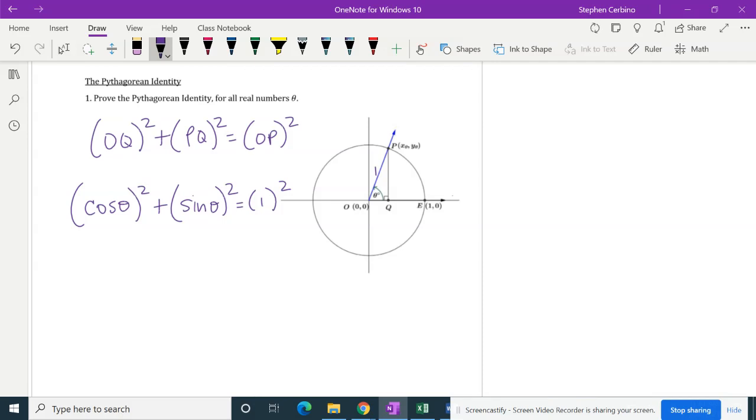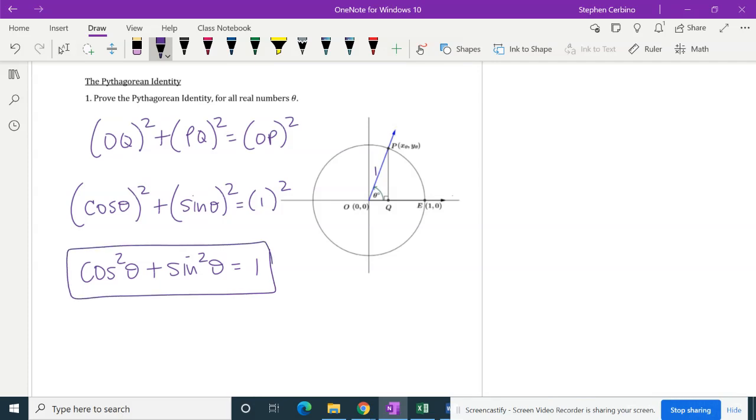If we clean that up a little bit, using what we saw in the opening exercise, instead of cosine of theta squared, I write cosine squared theta, sine squared theta. We just put the little square next to the sine or cosine, telling us we're squaring that entire value. And 1 squared, and last time I checked, that's just 1. This identity works no matter what the values are for theta.